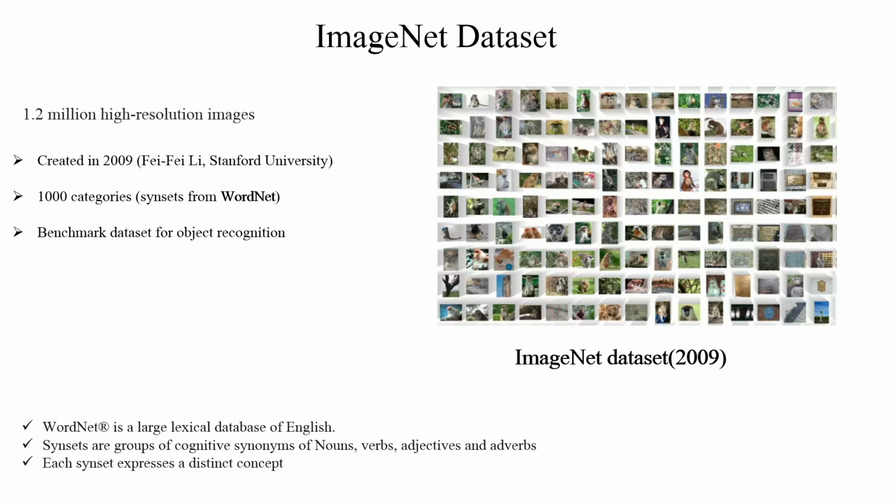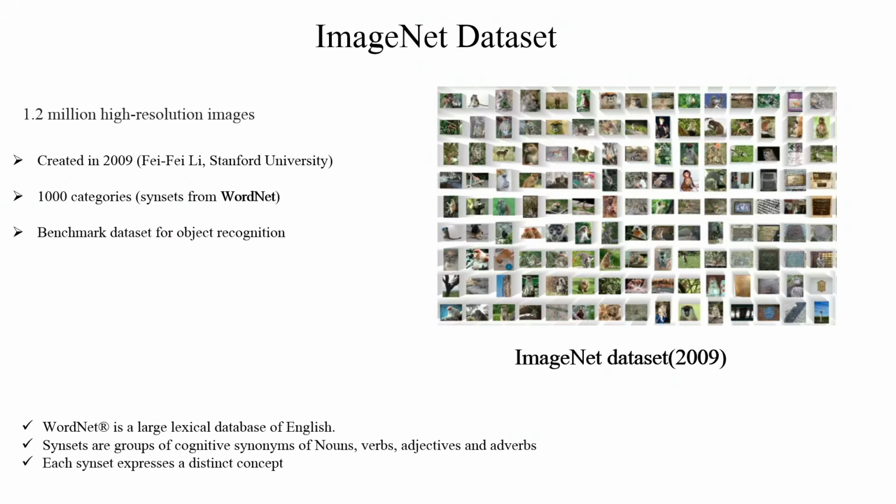WordNet is a large lexical database of English. Synsets are groups of cognitive synonyms of nouns, verbs, adjectives, and adverbs, and each synset expresses a distinct concept. Basically, from all the words, whatever images could be generated, all those images were there in the ImageNet dataset. It became the benchmark dataset for any object recognition problem.